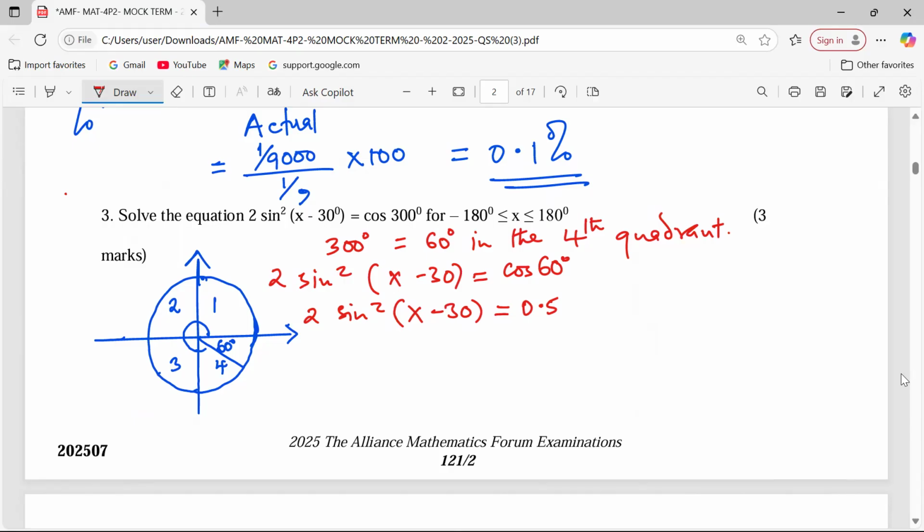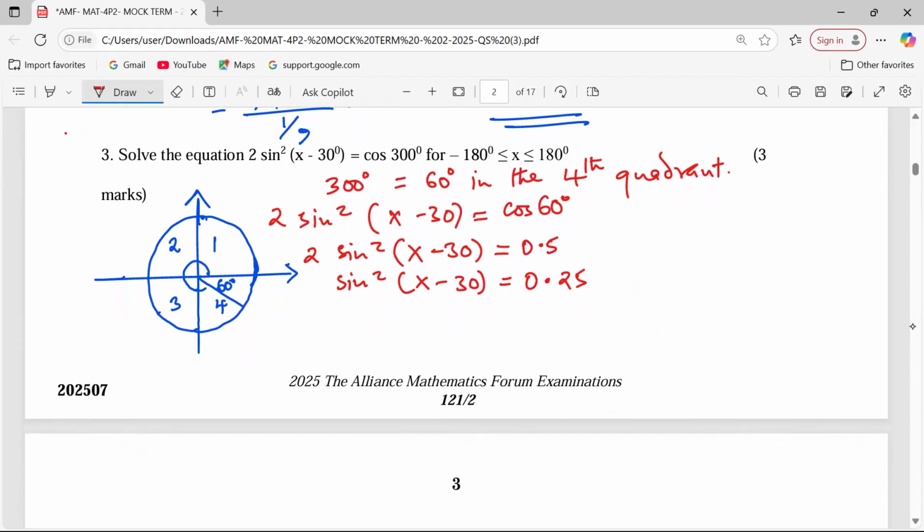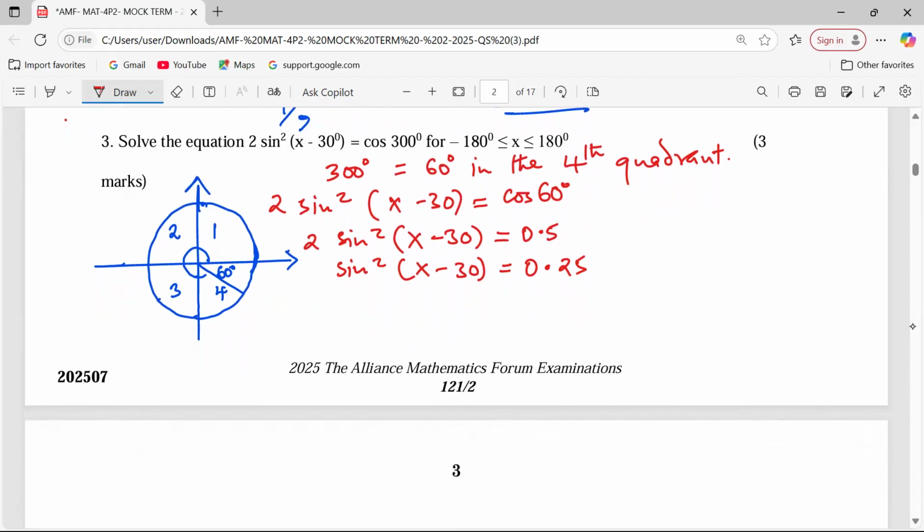From this point, we remain with sine squared of (x minus 30) degrees after dividing through by 2, meaning we have 0.25 on our right hand side. Because this is sine squared of x minus 30, we can take the square root on both sides.